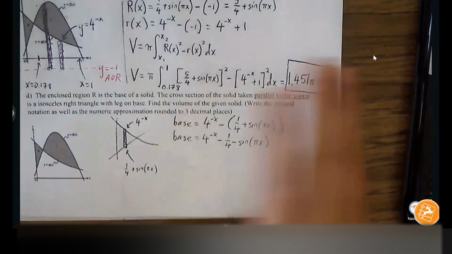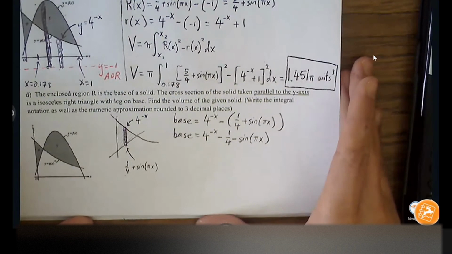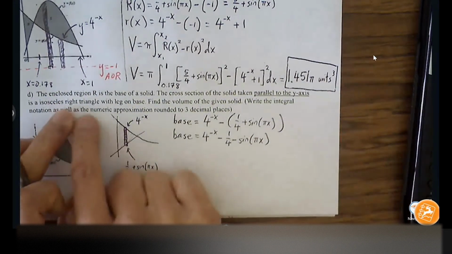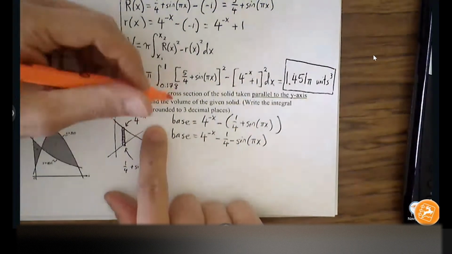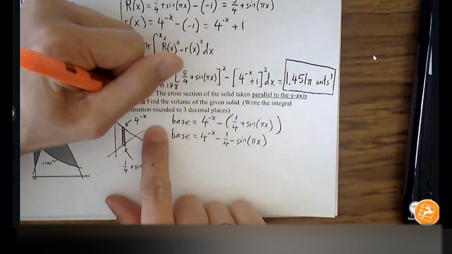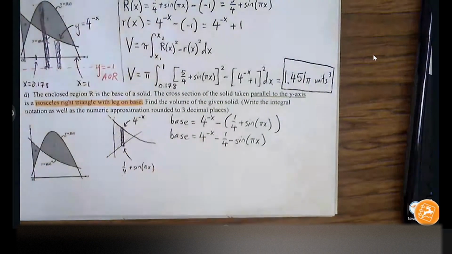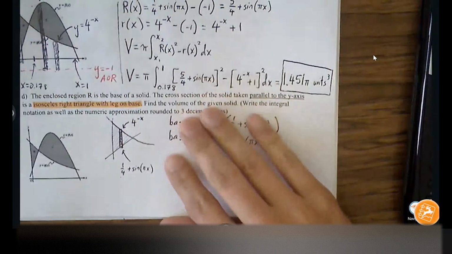All right, now we can decide what area we're trying to build here. We're trying to build an isosceles right triangle with a leg on the base. So we go to our formula here.